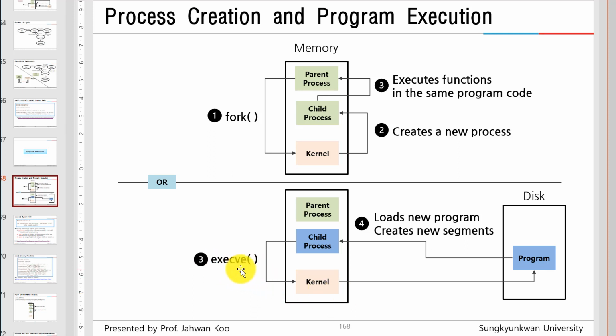Following the execve system call, the kernel removes the inheritance from the parent, and then the kernel loads a new program into the memory of the child process and creates a new stack, new heap, new data segment based on the code of the new program. From this point, the child process is completely different from the parent process. Now, the child process is completely independent.